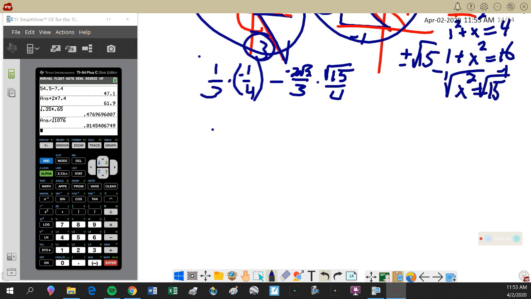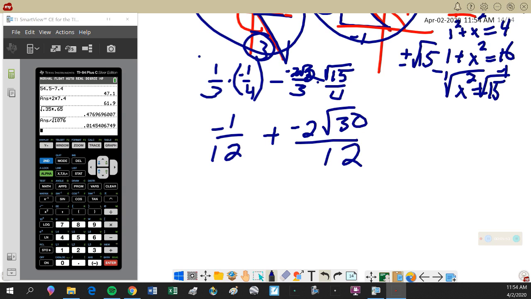So the left side is -1 over 12, and the right side is plus -2 root 30 over 12. Notice they have the same denominator, which is kind of nice.